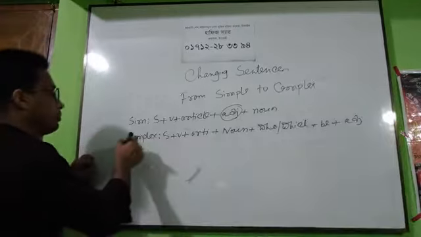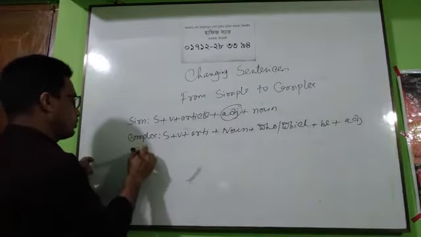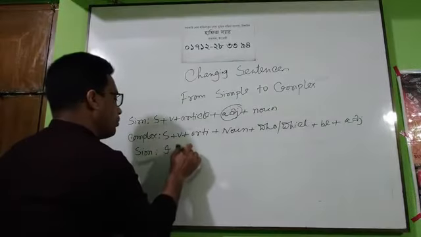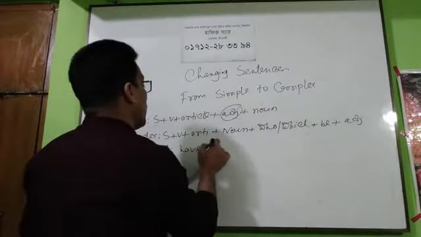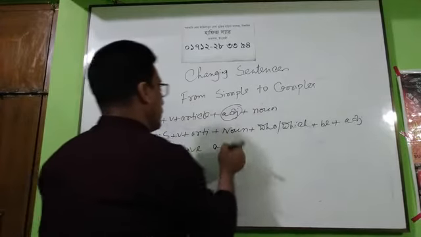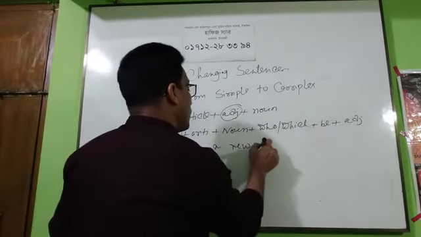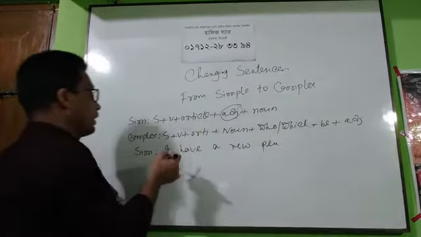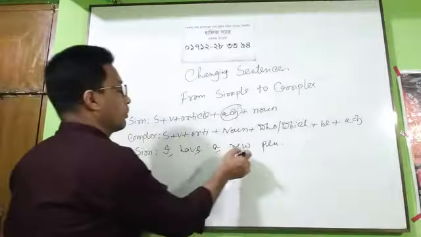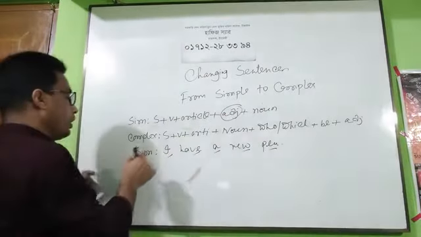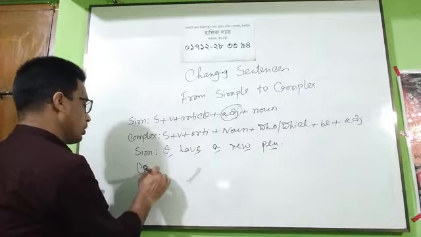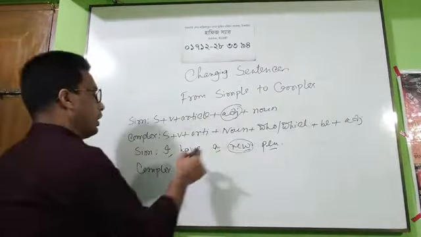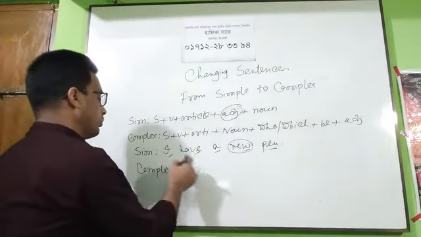For example, simple: I have a new pen. Subject plus verb plus article plus adjective plus noun. And then complex: we'll remove new from here, and the other part of the sentence will be the same.